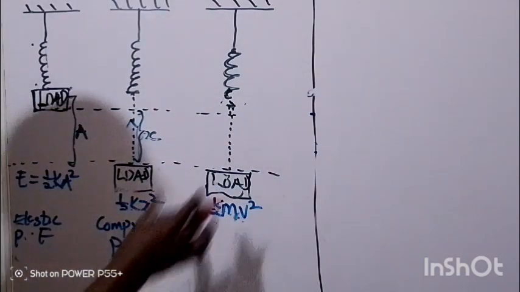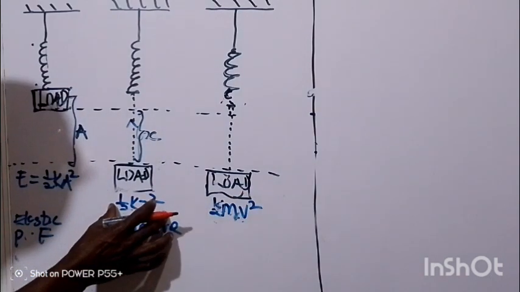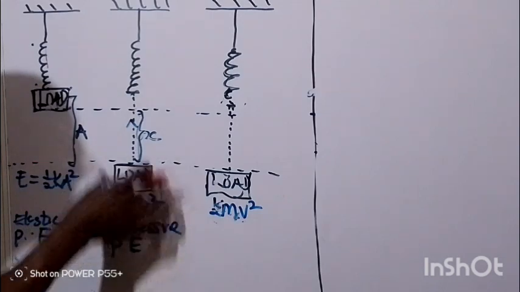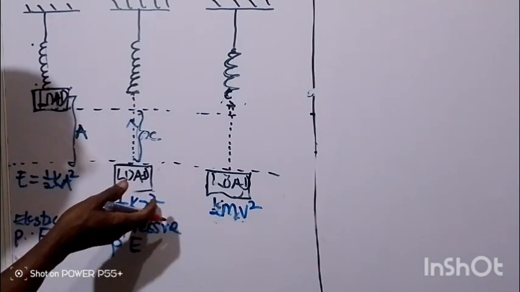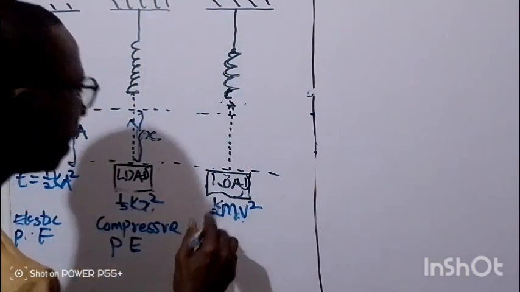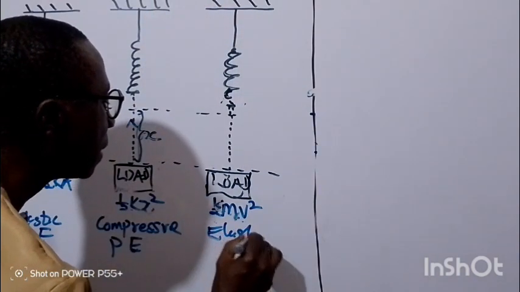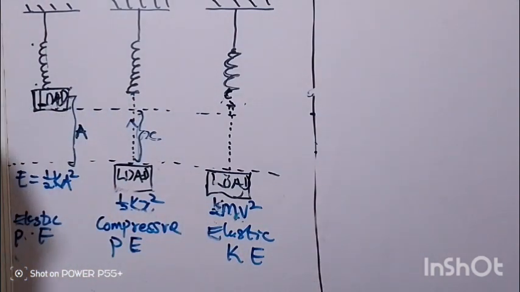We still call it potential energy here, but we just extend and compress this thing. This thing is not yet in motion. But here, the energy seems to be moving up and down. It is called elastic kinetic energy. From the diagram above, this one is the total energy. The energy here is total energy.